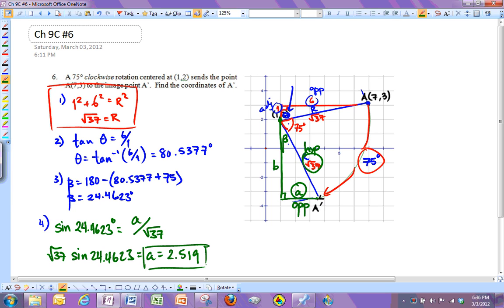Okay, B is the adjacent side, so if we use adjacent over hypotenuse, that's cosine. So cosine of 24.4623 equals B over root 37. If we multiply over the root 37, we get B, which comes out to be 5.537.